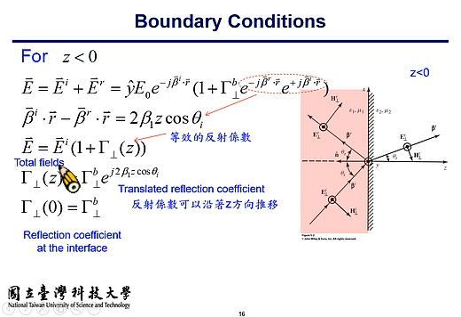So the exponential j2 times beta 1 z cosine theta I is your phase adjustment with the known property of material beta 1, the known property of the incident angle theta I. You can find the translated reflection coefficient in front of the boundary. Sometimes this expression can be convenient when solving propagating problems.